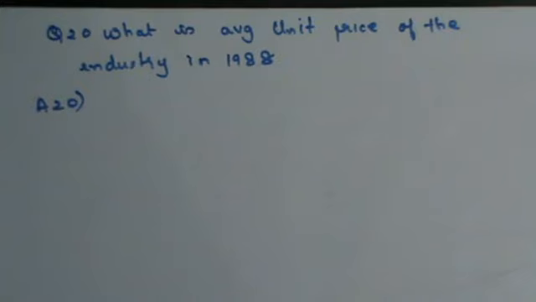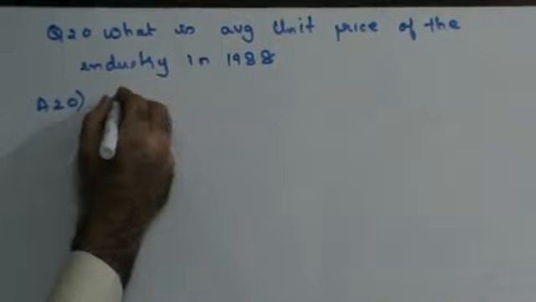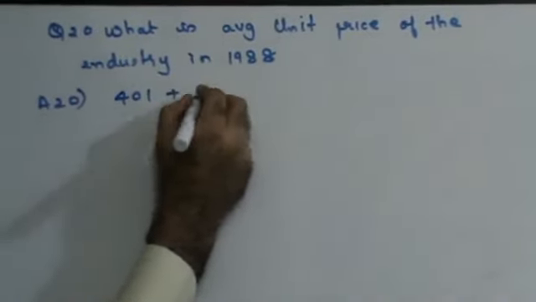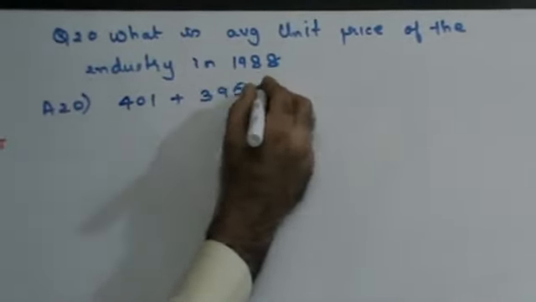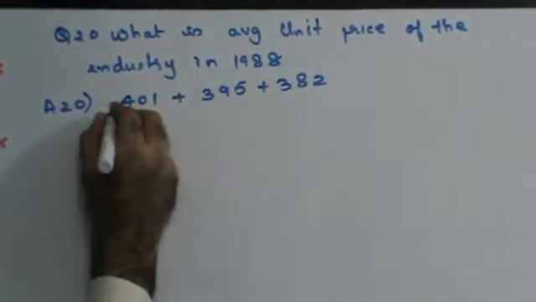Average unit price of the industry is nothing but total sales divided by the total number of units sold. So in 1988, your average price will be: you have sold 401 plus 395 plus 382.